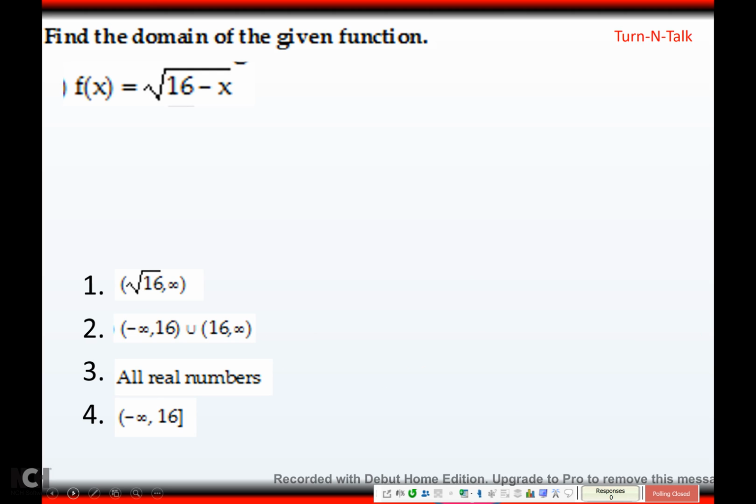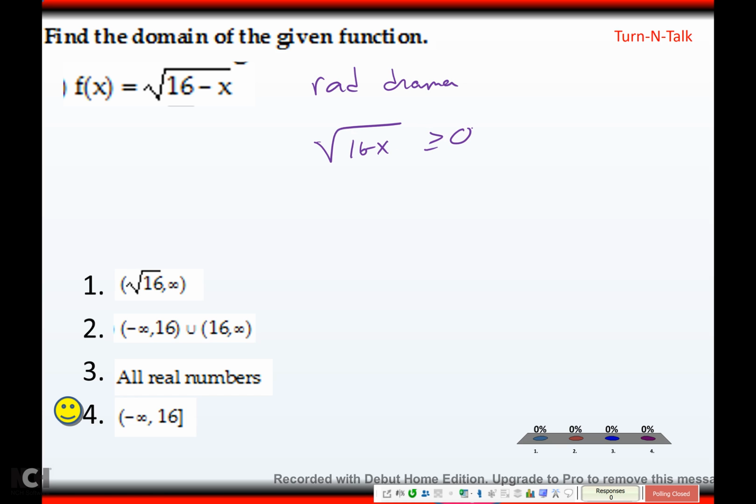Alright, so you try this one, hit pause, come back when you're ready. And hopefully you got negative infinity to 16. I have radical drama. So I say, Mr. Radical, you must always stay positive. Square, square, 16 minus x greater than or equal to 0.